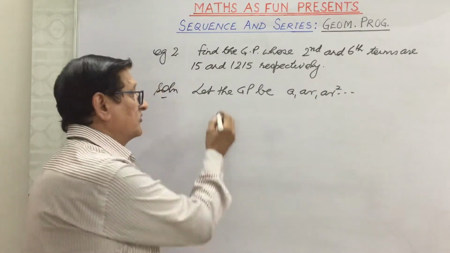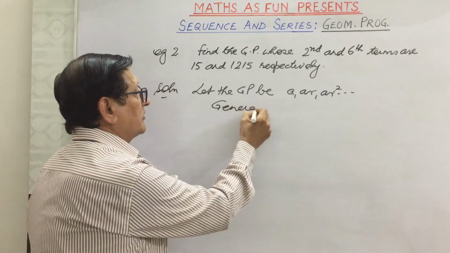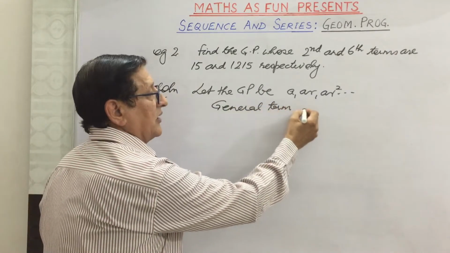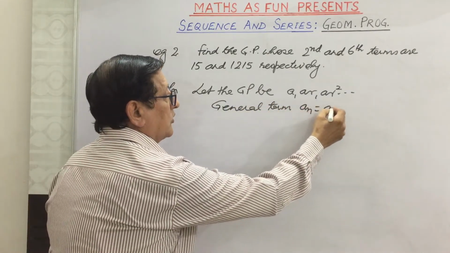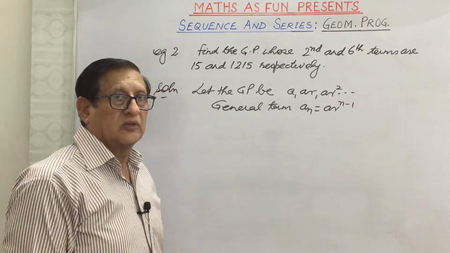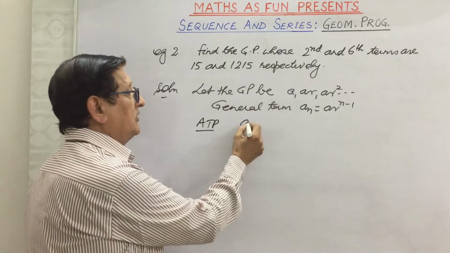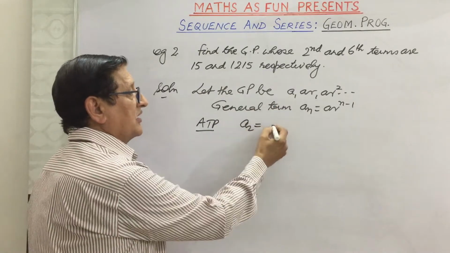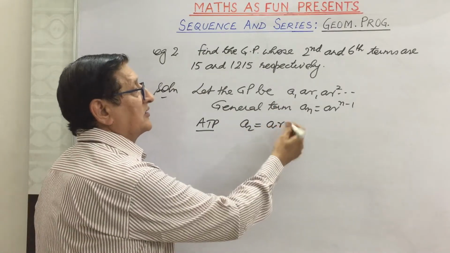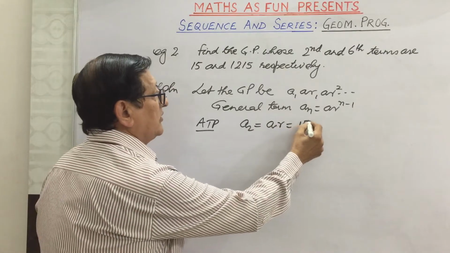We know the formula for the general term. We will write here the general term is given by An equal to A R to the power n minus 1. According to the problem, we are given the second term, that is A2, and this is A into R, that is equal to 15.